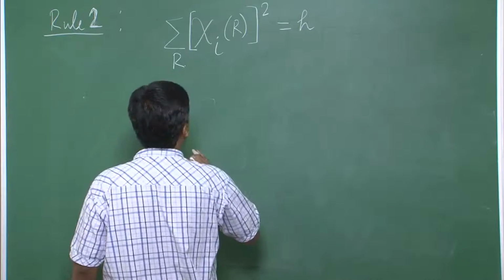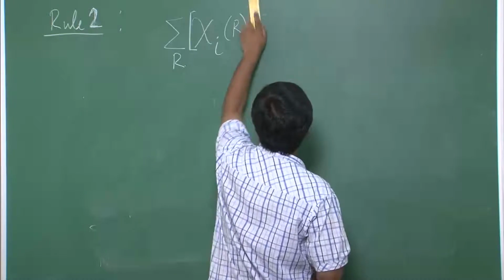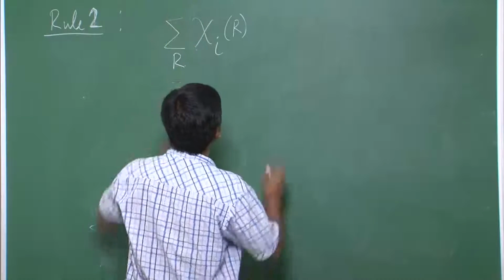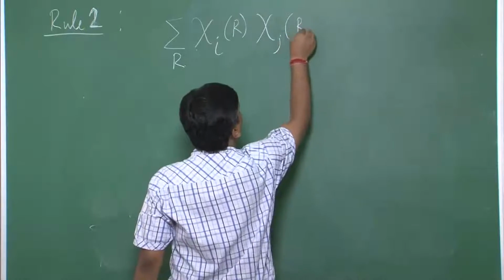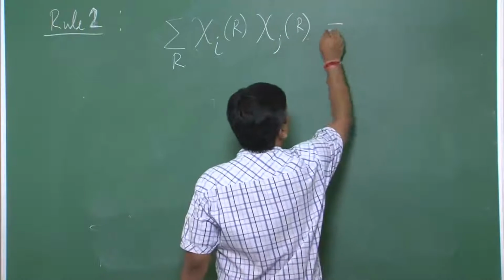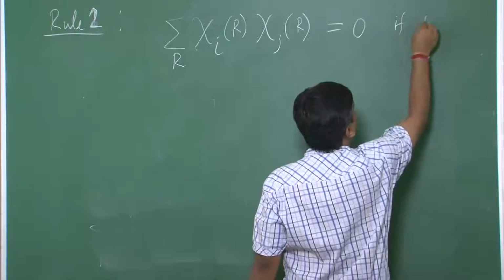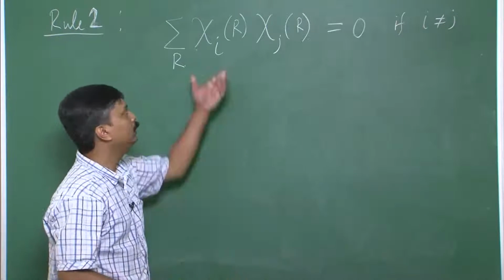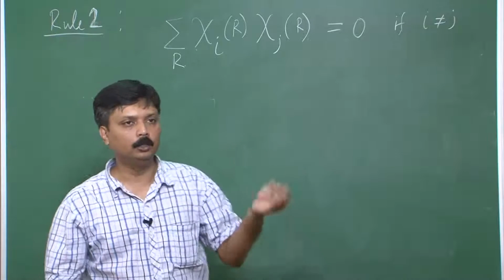What does it say? It says if I not equals to j, these are the characters for a given particular irreducible representation.